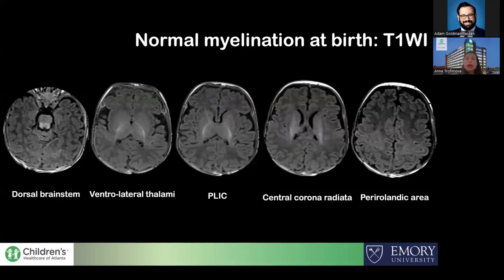There are multiple atlases of brain myelination, which are very helpful for correlation with the normal expected progression of myelination. But as a general rule, the parts of the brain that we expect to have myelination at the time of birth include the dorsal brainstem, ventrolateral thalami, the posterior limb of the internal capsule, central corona radiata, as well as perirolandic areas.